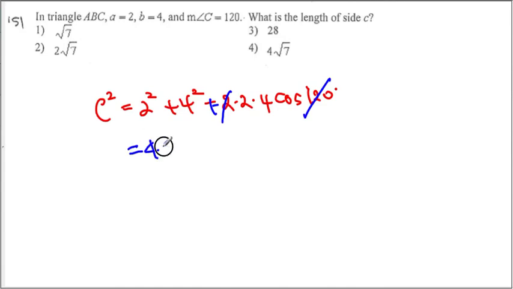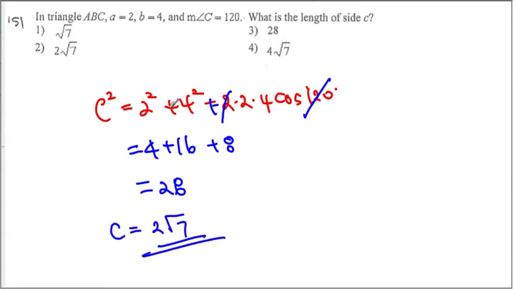So we have 4 plus 16, and then plus 8. Then we get 28. So c is equal to 2 square root of 7. That becomes our answer, which is choice 15.